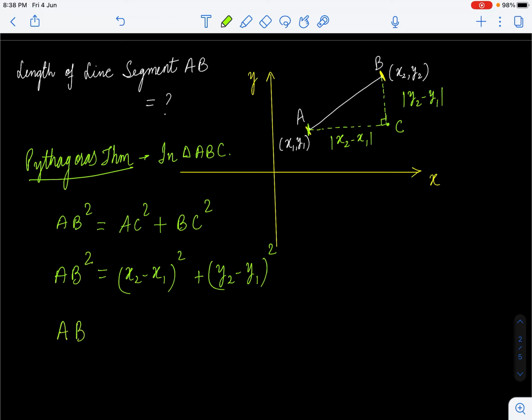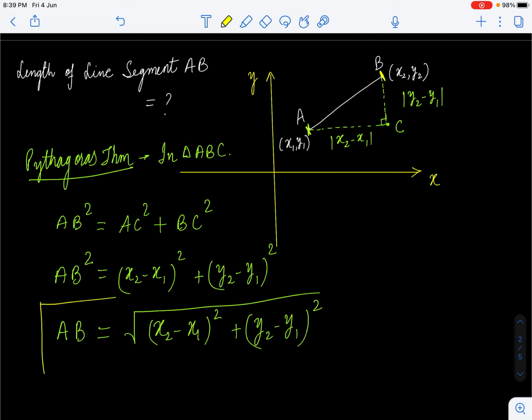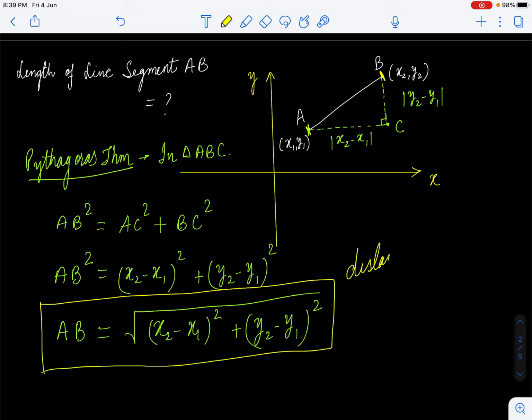So my length AB will be the square root of x2 minus x1 whole square plus y2 minus y1 whole square. You might have learned this formula in year 10. This is also known as the distance formula, because it is used to find the distance between 2 points in the xy plane. This is the formula that we have to remember.